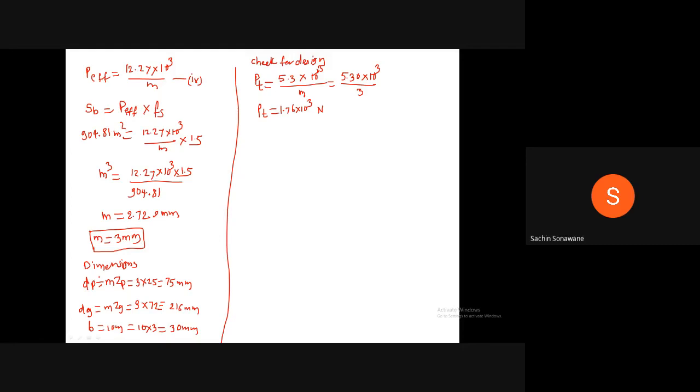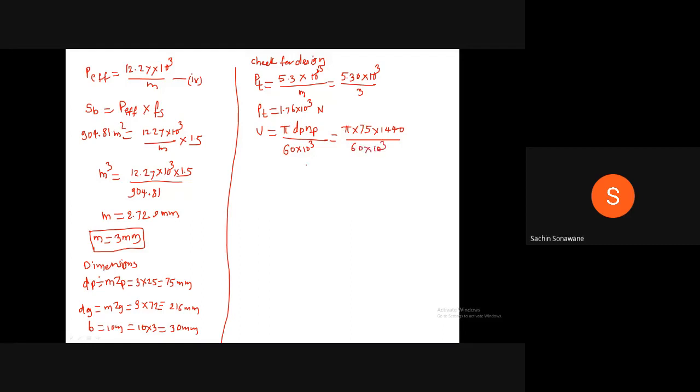Now calculate velocity. Velocity v is equal to pi dp np divided by 60,000, which is pi into 75 into 1440 divided by 60 into 10 raised to 3.